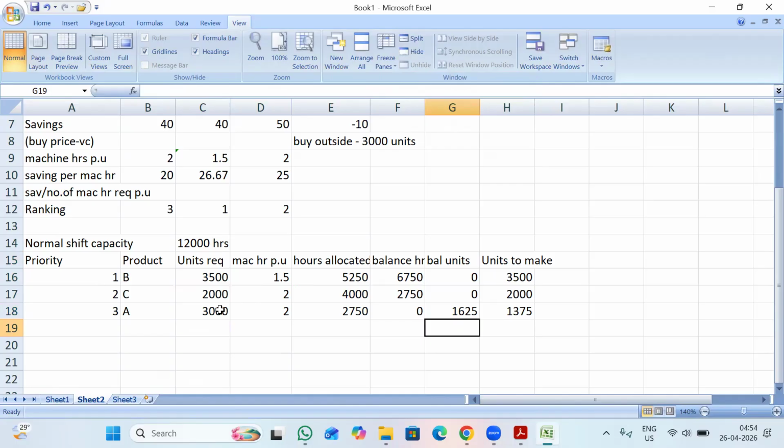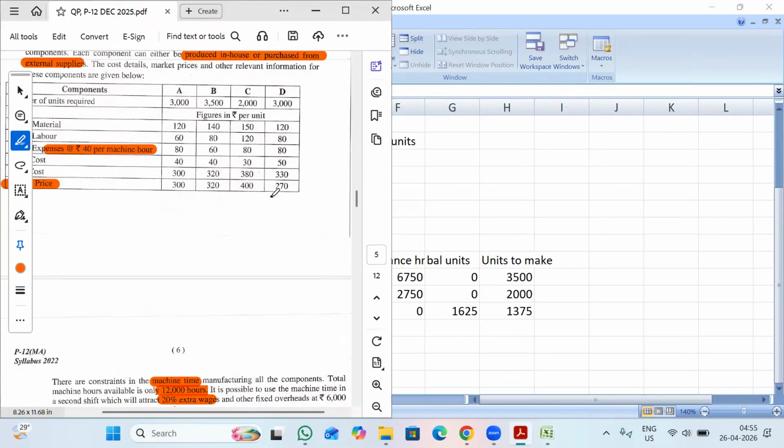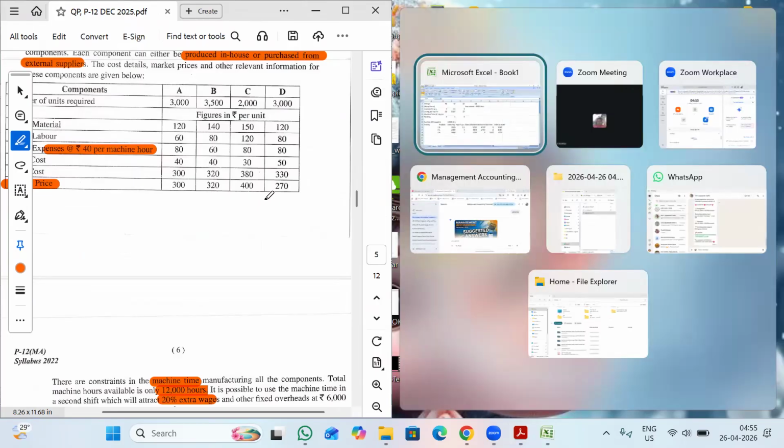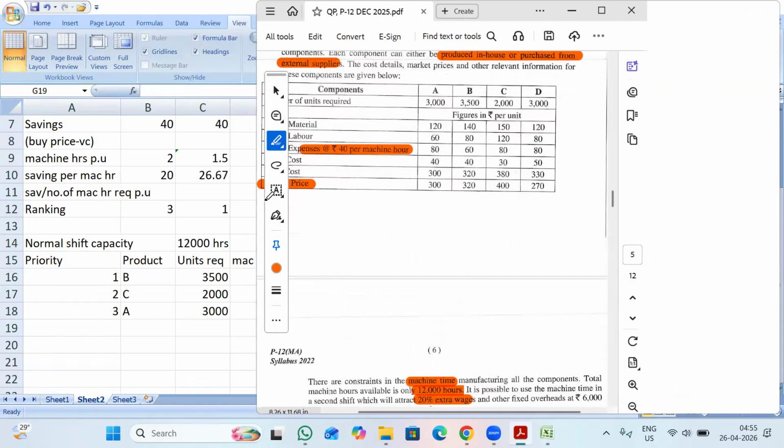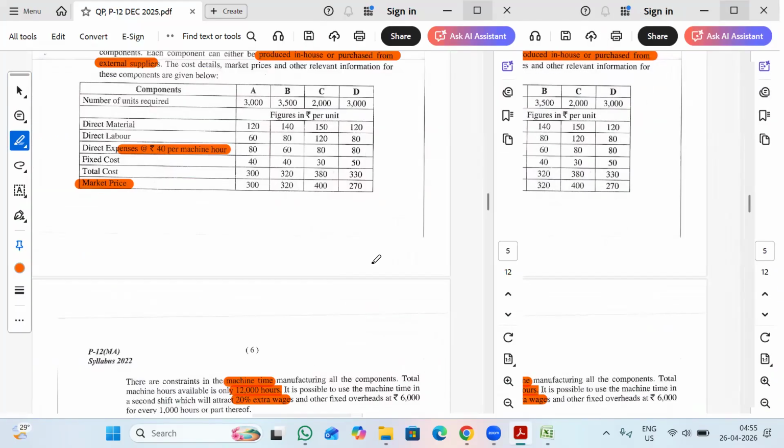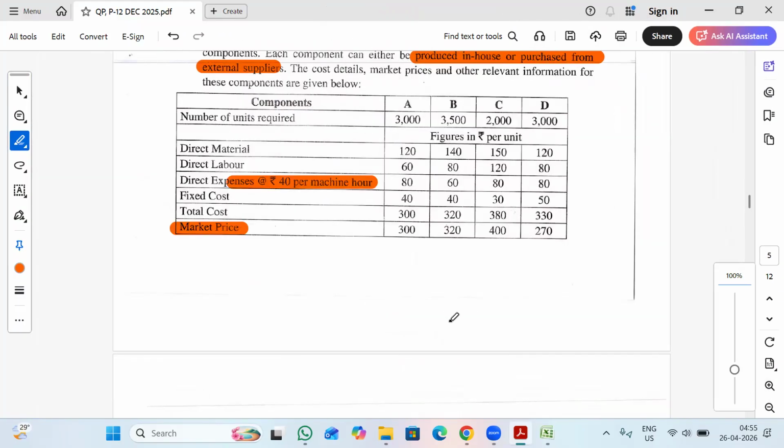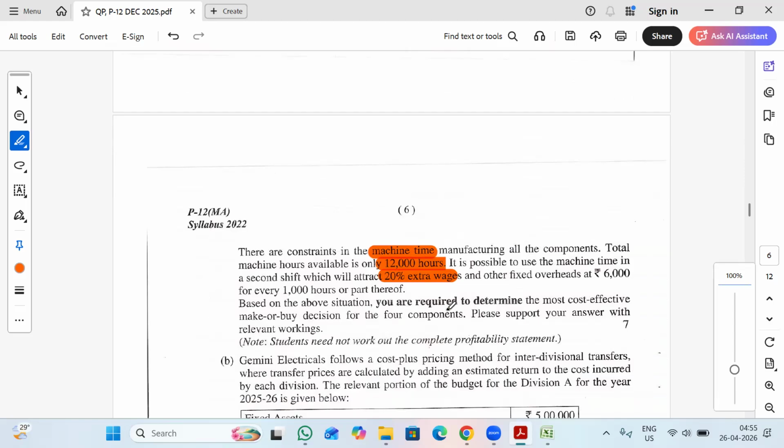So now we need to compare. We are having another option. In the question they have given that it is possible to use machine time in a second shift, which will attract 20% extra wages.